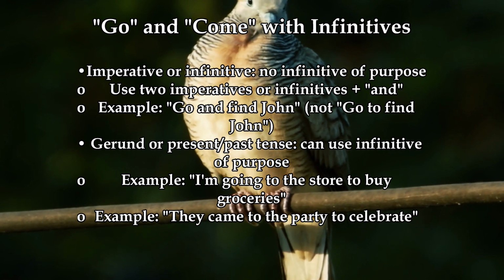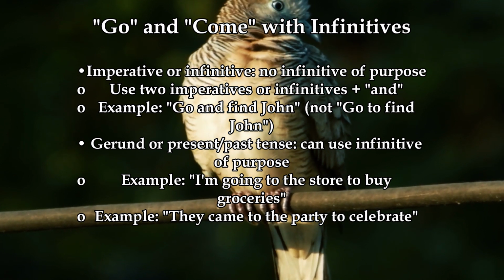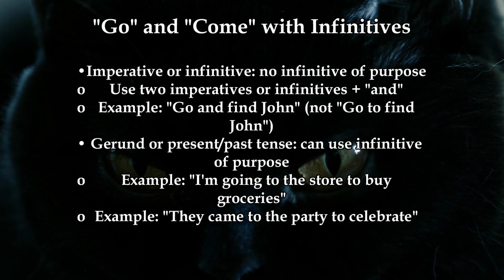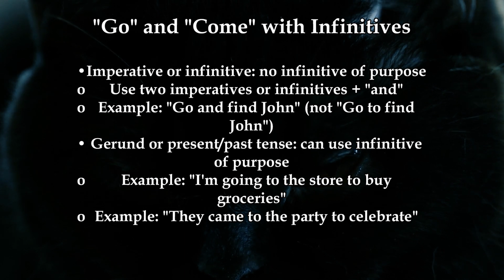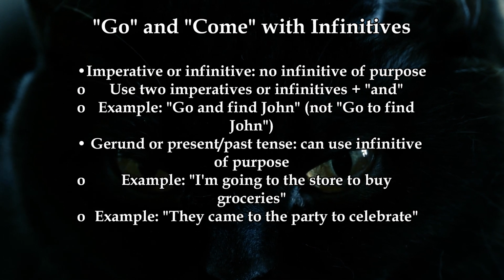Infinitives of purpose after "go" and "come," the double trouble. When using the imperative or infinitive form of "go" and "come," we usually don't follow them with an infinitive of purpose. It's like they're the lone wolves of the verb world, preferring to work alone.